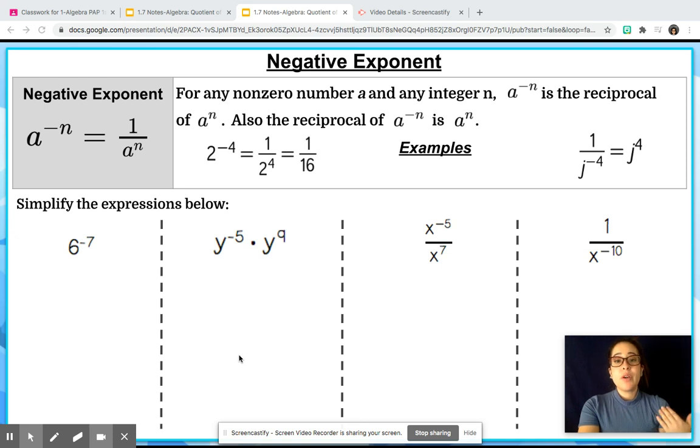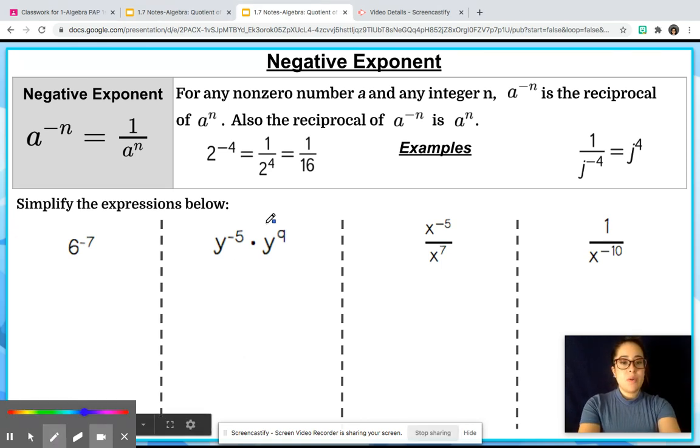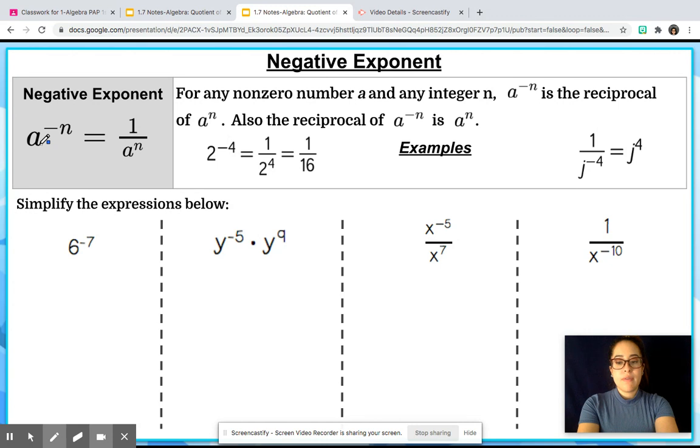Okay, guys, so now we're going into the negative exponents. With negative exponents, like I mentioned beforehand, you take your expression and do the reciprocal. Reciprocal means you flip it into a fraction.